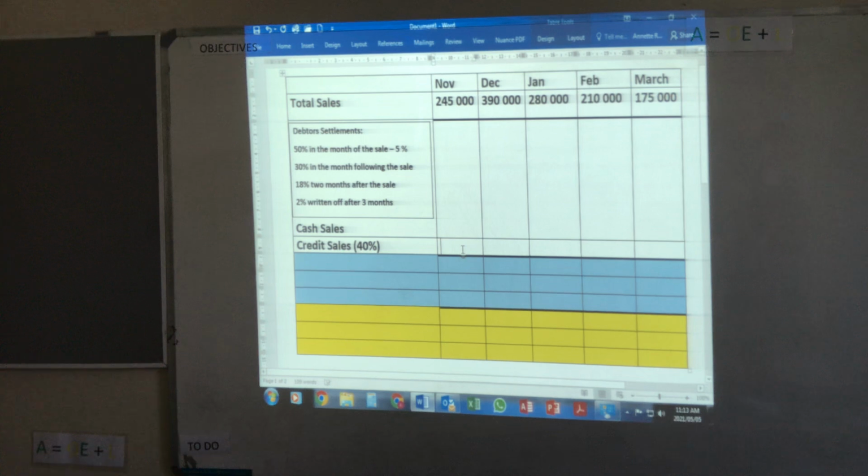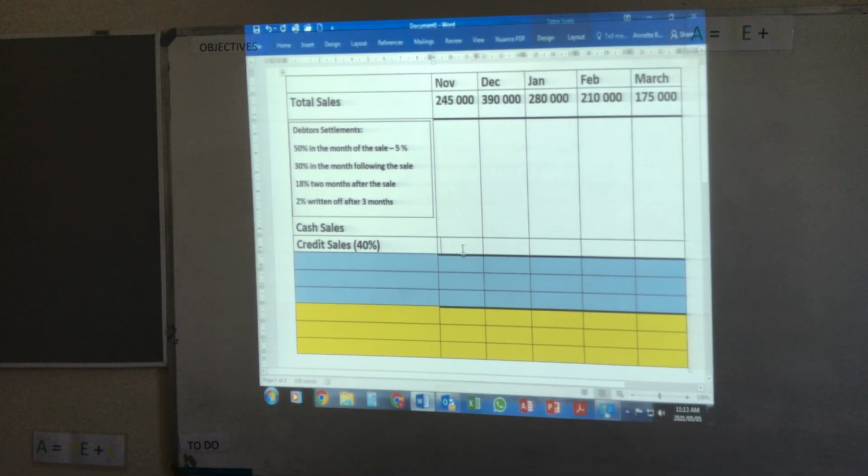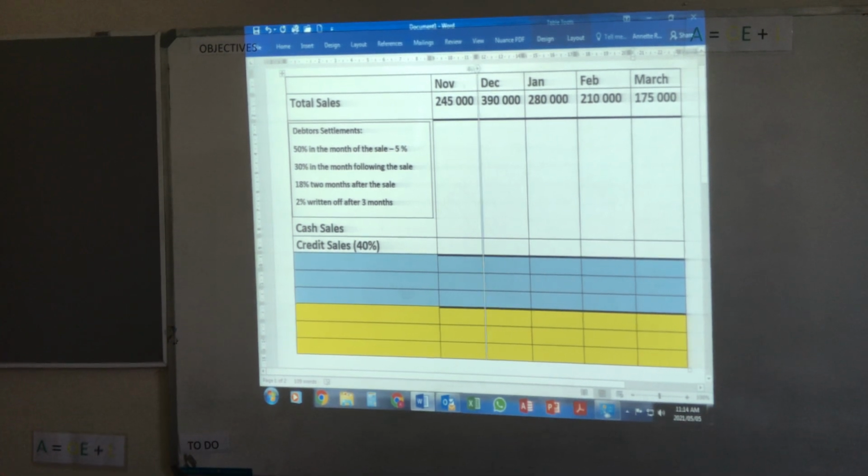So that's what you're going to do first. And by the way, they ask you the debtors collection for January, February, and March. So we're not going to worry about these two 40% credit sales because we're not doing that collection. We're doing January, February, and March. So you have to work out the 40%, and you can do it with me.